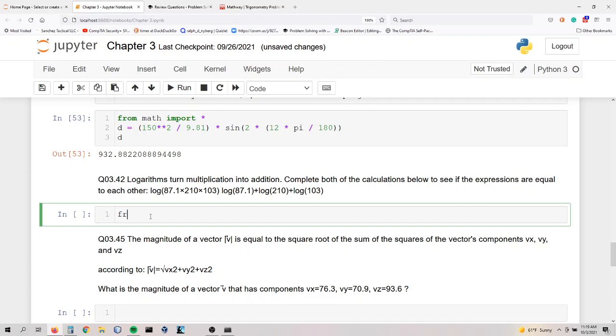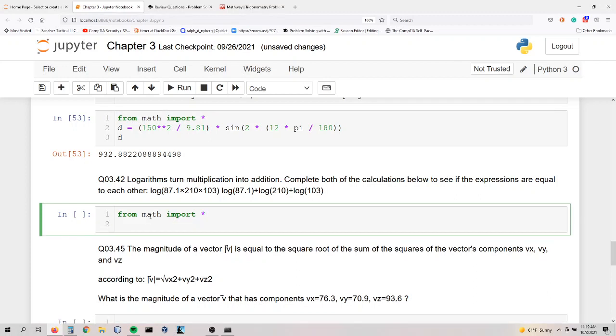So let's do from math import star. Now we're going to do log of 87.1 times 210 times 10 to the third. The easiest way to check if these equal each other is to make it true or false, using the actual equals.